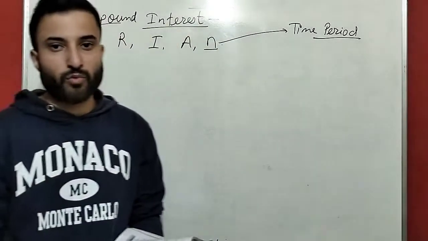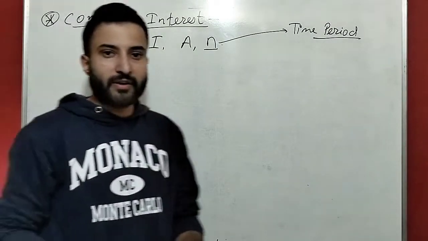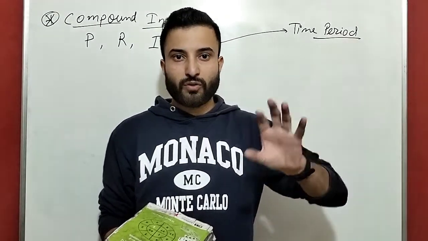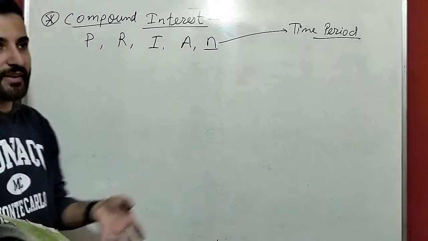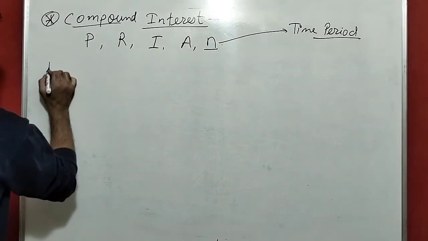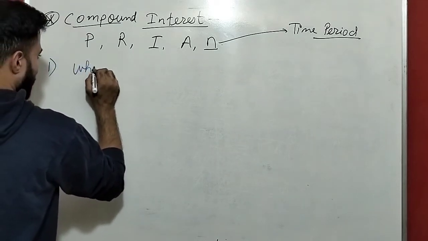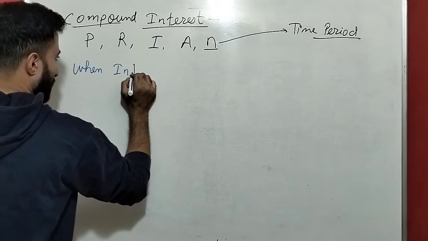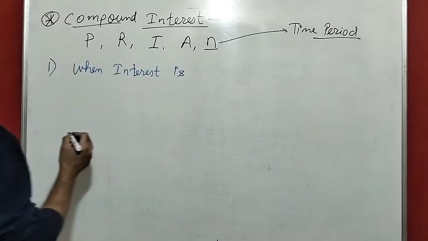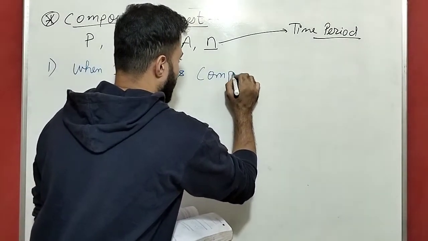The first formula, see guys, this is compound interest. Compound interest means the principal keeps on changing, so accordingly we have a different time. The first condition is when interest is compounded annually.